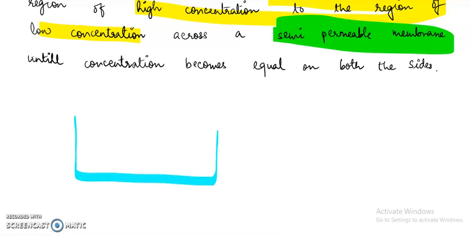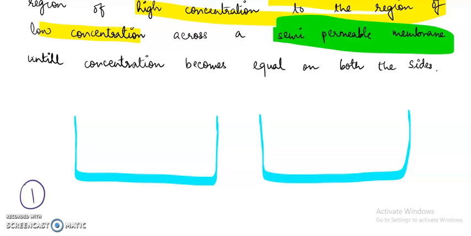Suppose we have taken a container, and in this container a semi-permeable membrane is there. Now a semi-permeable membrane is the one that will only allow solvent to pass through it, no solute.